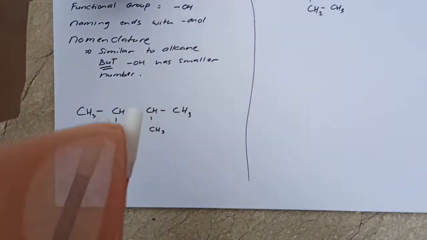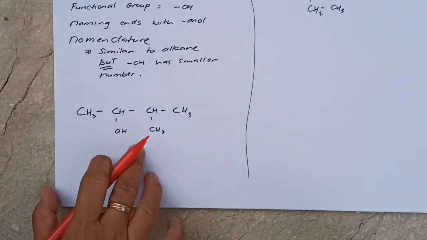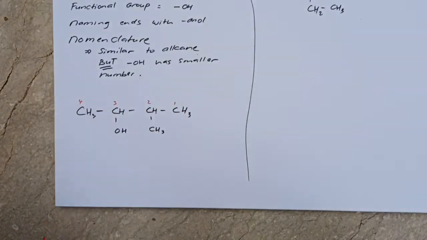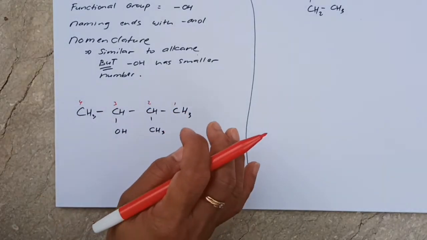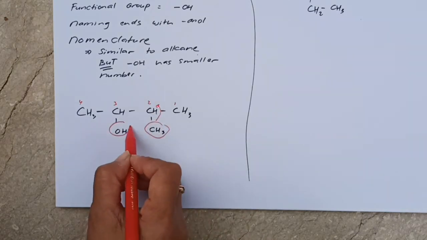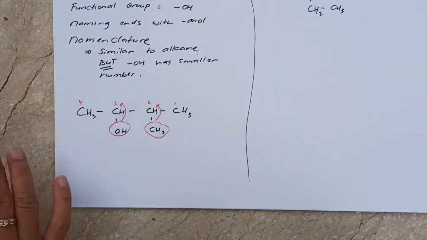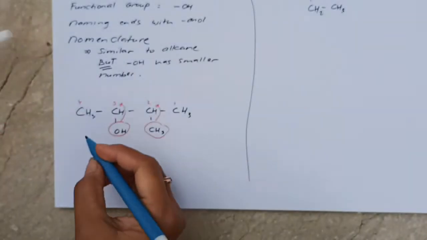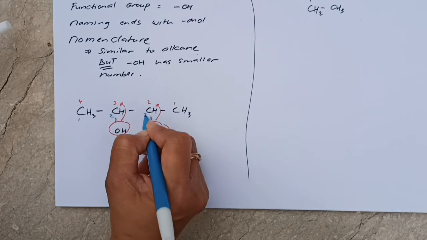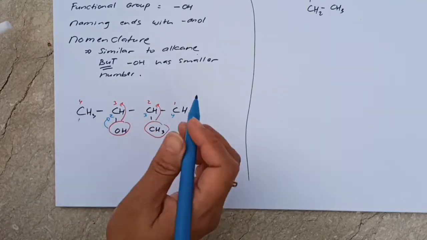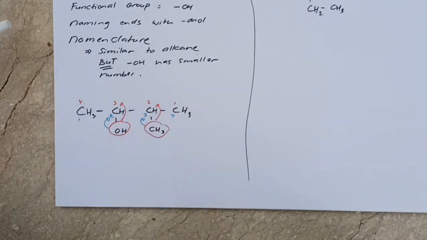Again, we're going to use two colors here. I'm going to calculate from the right. 1, 2, 3, 4. If you are using this numbering, you will have the branch at number 2, and you will have the functional group of alcohol at number 3. Then let's try the left one. 1, 2, 3, 4. For this one, you will have the functional group at number 2 and the branch at number 3.